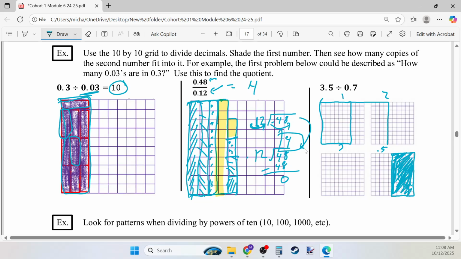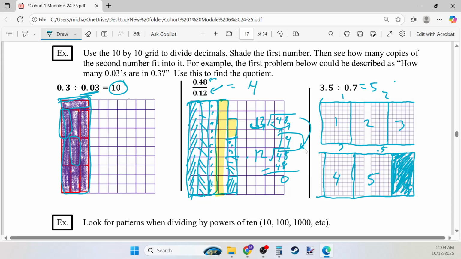Here's another 7. 1, 2, 4, 5, 7. Another one. 3, 4, 7. 1, 2, 3, 4, 6. This gives us this equals.